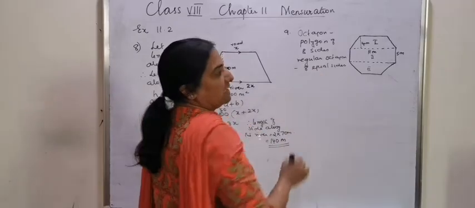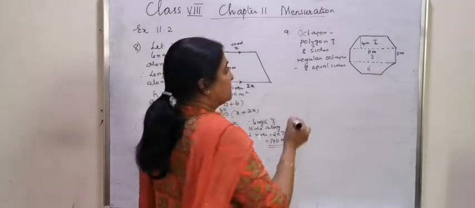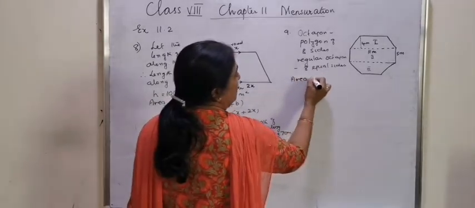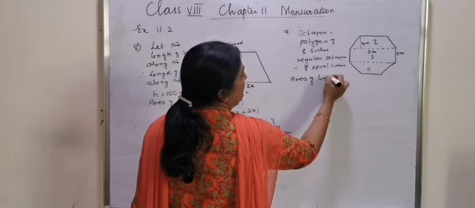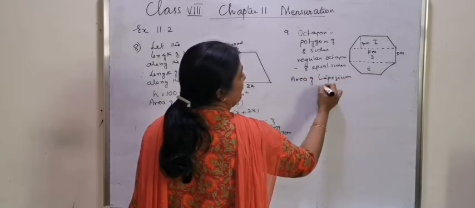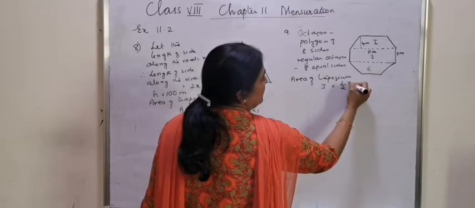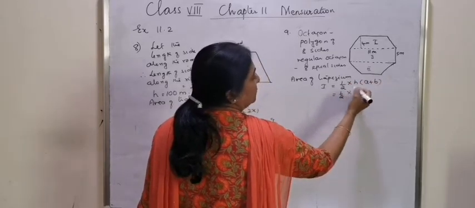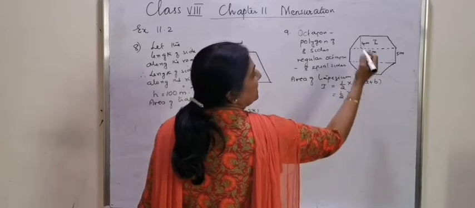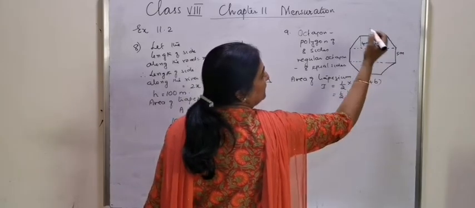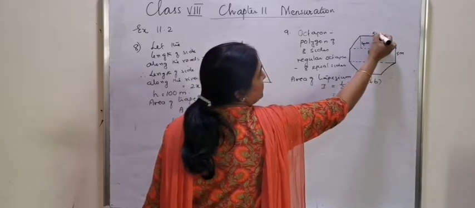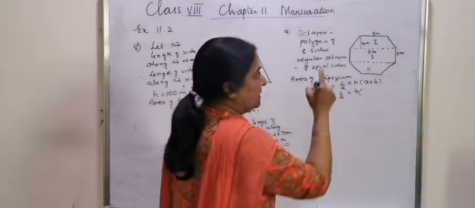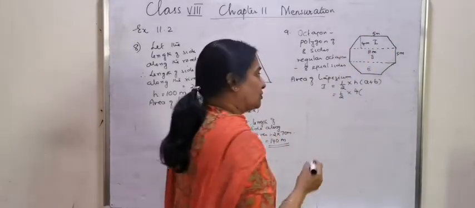Let's find the area of the first trapezium. Area of trapezium 1 is equal to half into h into a plus b. Half into height, which is given as 4. The parallel sides, one of the sides is 11 and the shortest side is 5 meter because it is one of the sides of the octagon.